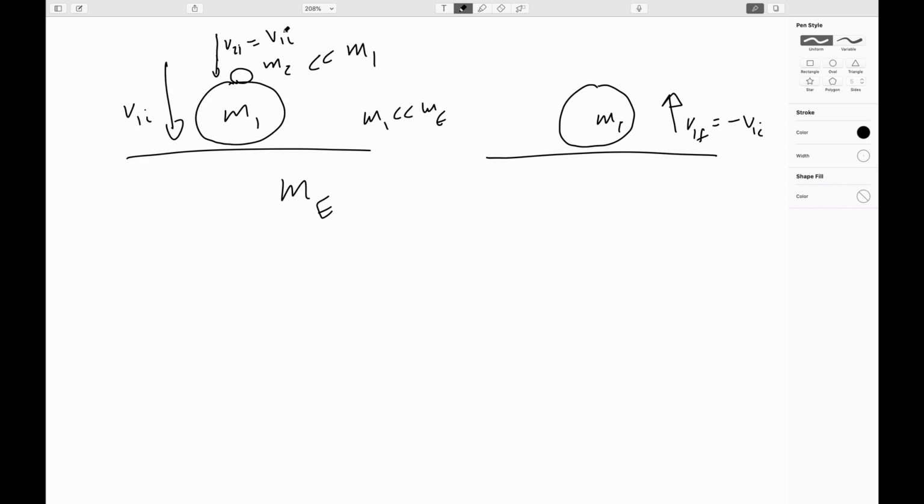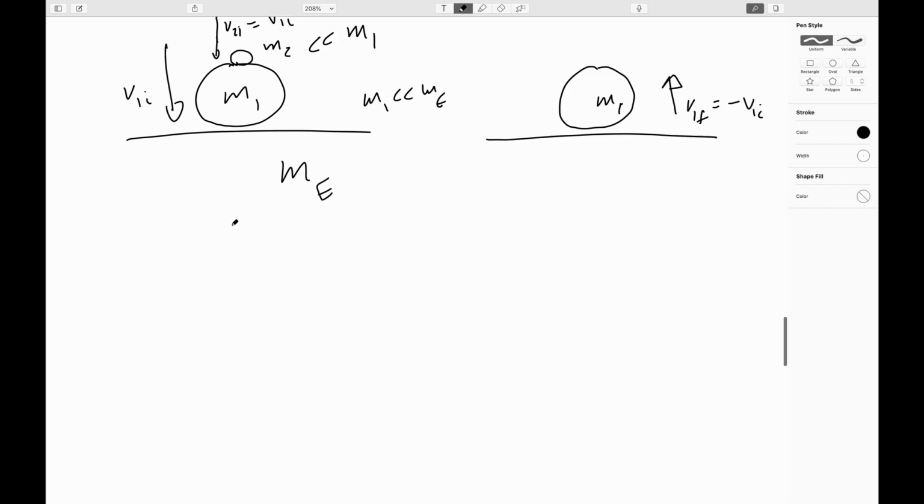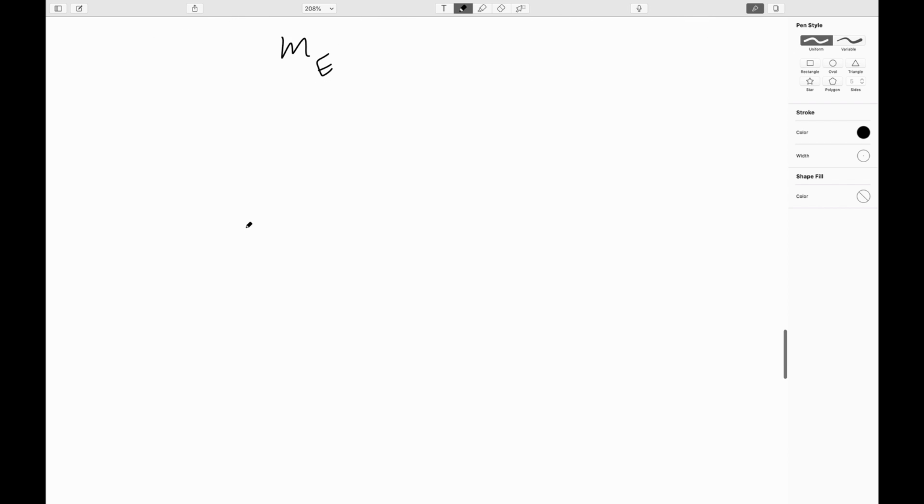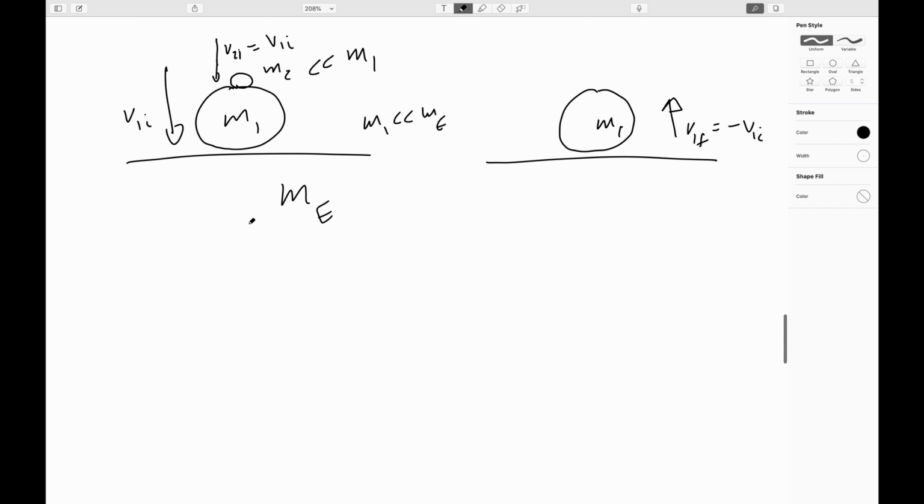So now what we've got is for this split second here, and here we need to break this into two different perspectives. Physicists usually call these frames. So from the frame of the Earth, in other words, us standing on the surface of the Earth looking at what's happening, at this exact moment, we'll say that the ball is going up at minus V1 initial, whatever.